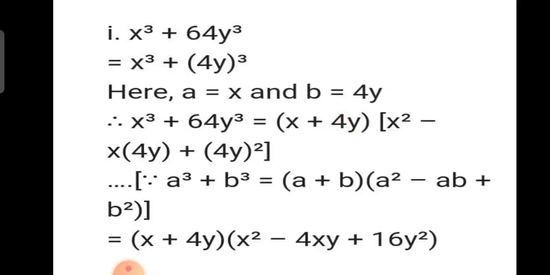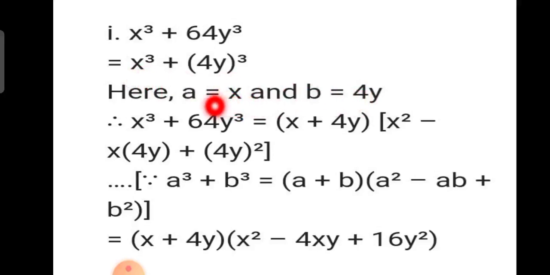Now x cube is a perfect cube of x. 64 is a perfect cube of 4. So 64y cube will be written as 4y the whole cube, and x the whole cube. Now we have to substitute in the formula. In place of a there is x, in place of b there is 4y.